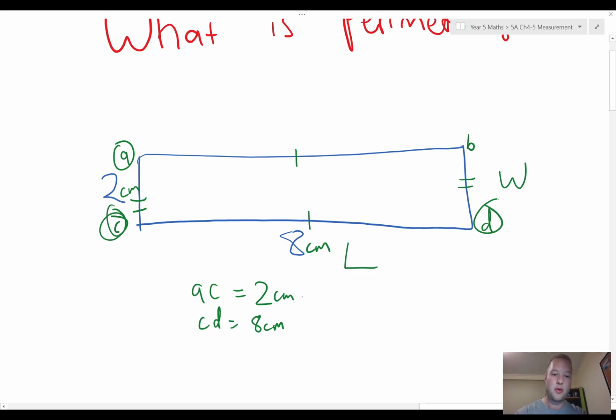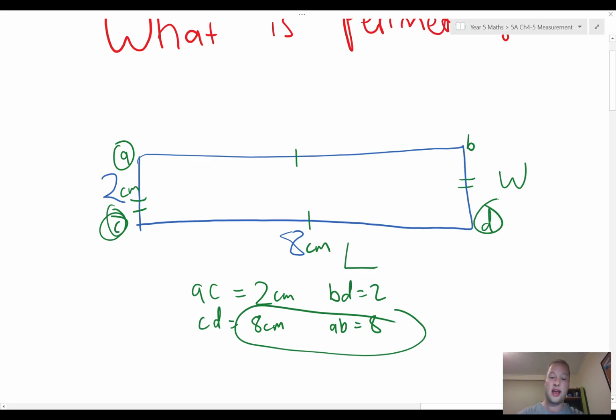If I write it up properly, we had BD was 2, and we had AB was 8. So I've got 2 plus 2, we've got 4, and then 8 plus 8, we've got 16, and then add 16 and 4 together, we get 20.